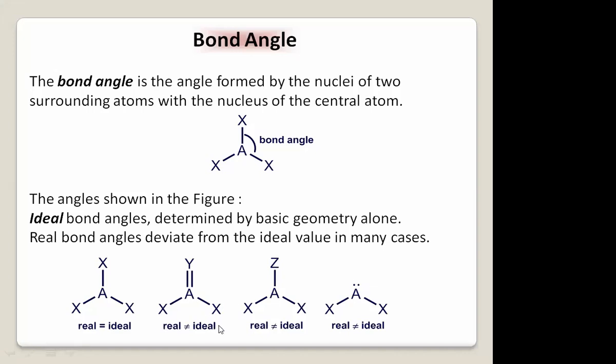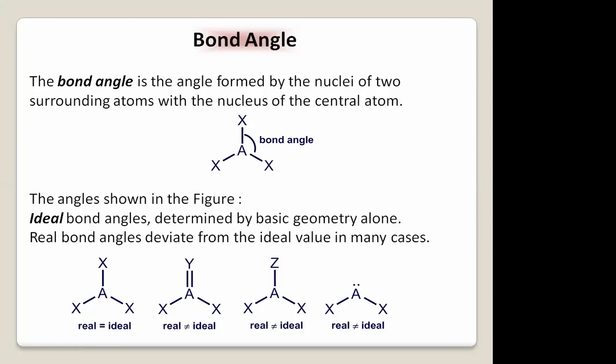So the real is not equal to the ideal. Then, in any case, when you have another electron-pairing species, it can also affect the bond angle. You have the real not equal to the ideal. Then, when you have a lone pair, you have a different situation. So we have different deviations from the regular: sp will give you a straight line molecule, sp2 will give you a trigonal planar structure, and all those that we've mentioned previously.